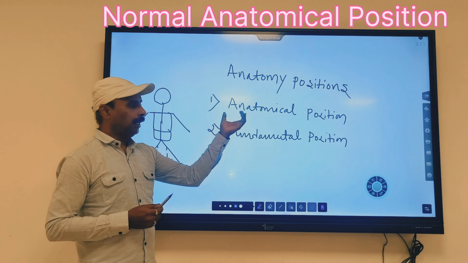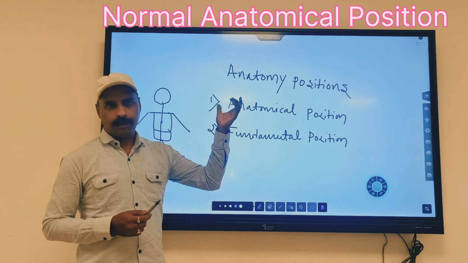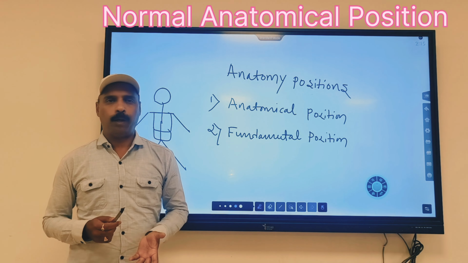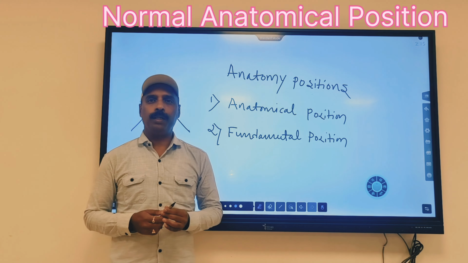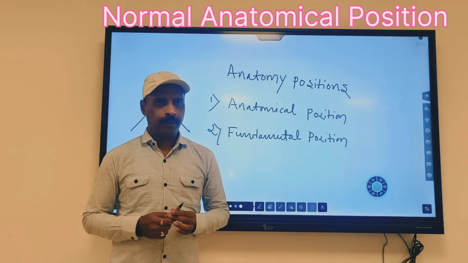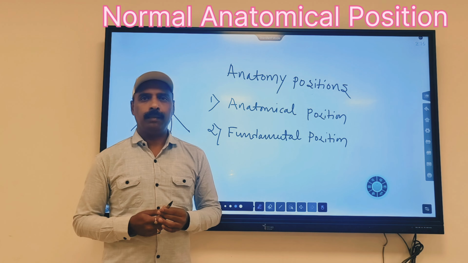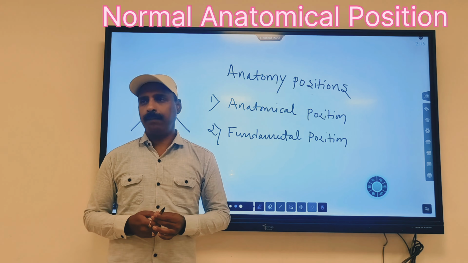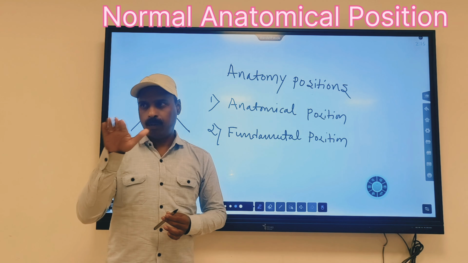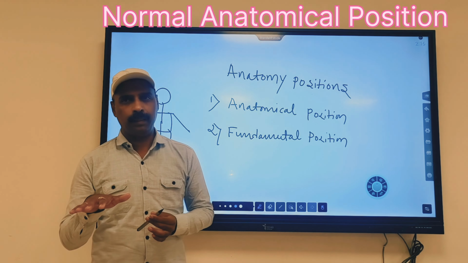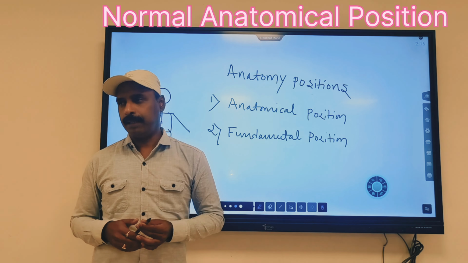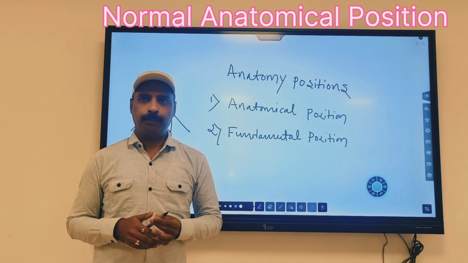So the anatomical position indicates the following points: the body should be in the erect position, standing erect. Second, the eyes should be looking straight forwards to the horizon, which is considered to be the ground or the earth.